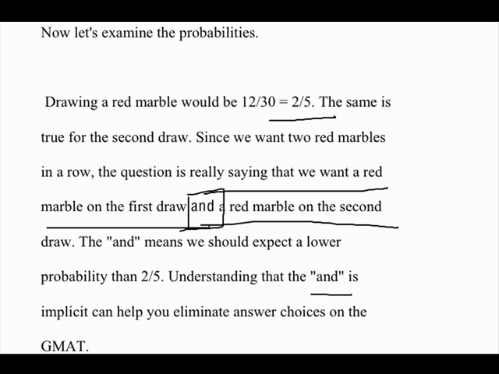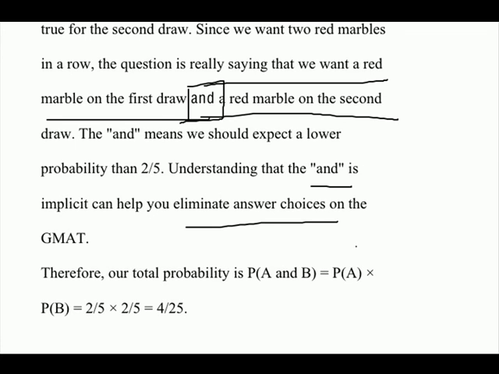So AND is a keyword, and this can help you eliminate some answer choices if you are unable to solve the question on the GMAT in a more formal way. So essentially the probability of event A and B is the probability of event A independently times the probability of event B independently, which is the same answer, 4 by 25.